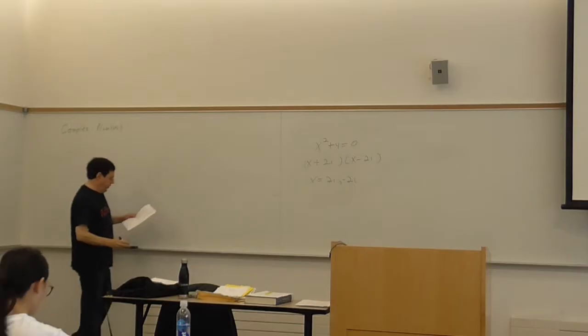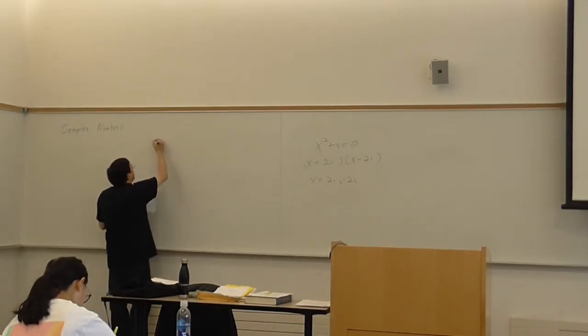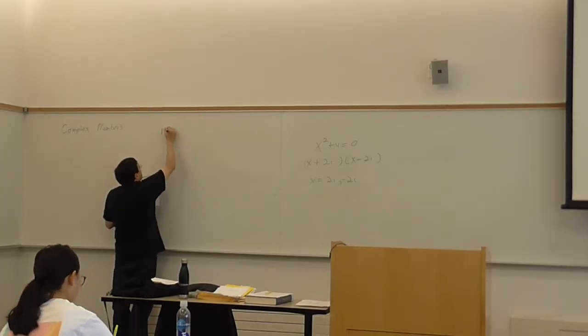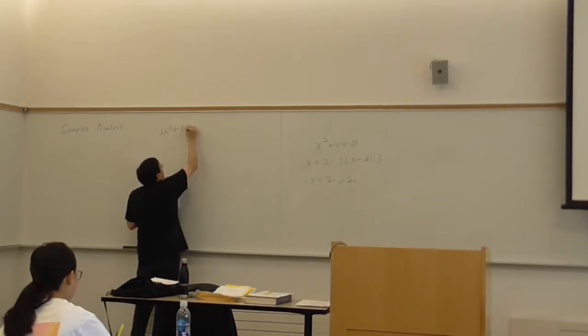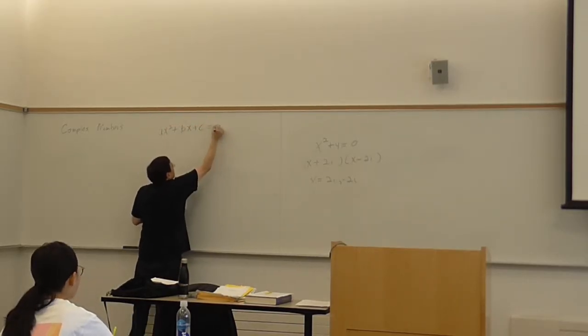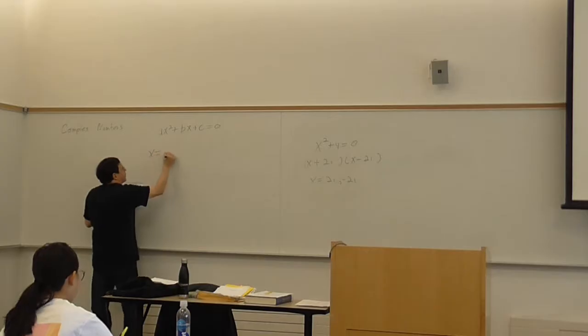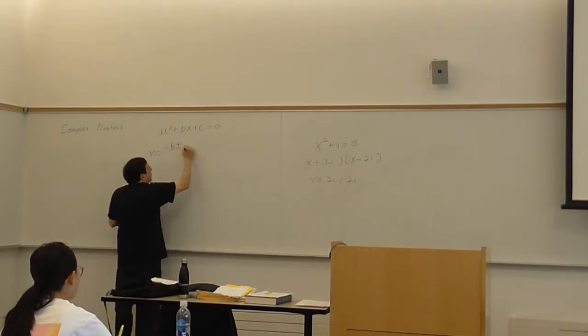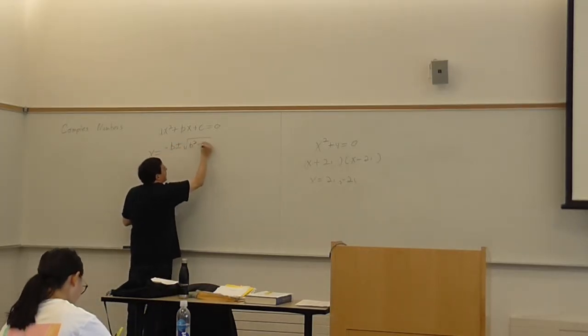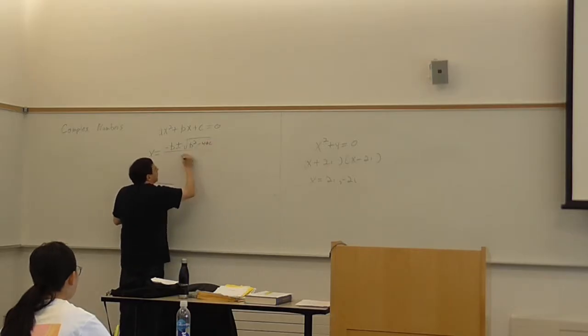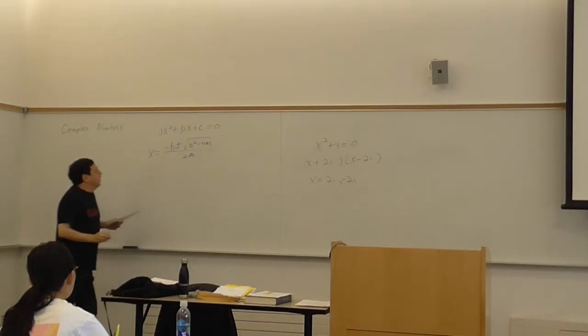Going back for a second to the quadratic formula, we have ax squared plus bx plus c equals 0, which has solutions x equals negative b plus or minus the square root of b squared minus 4ac, all over 2a.